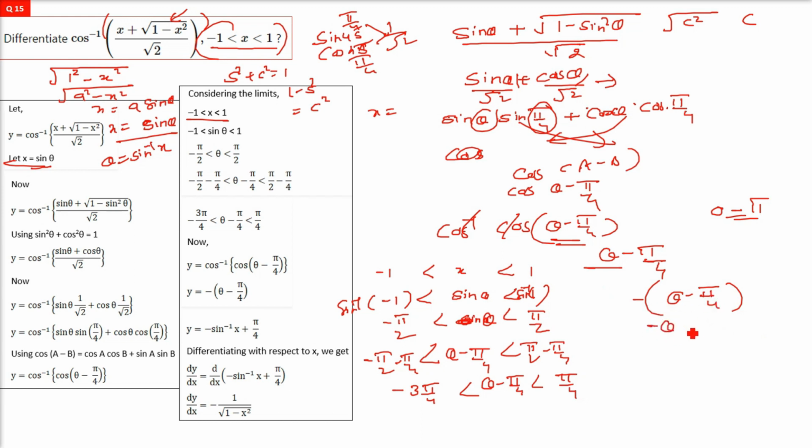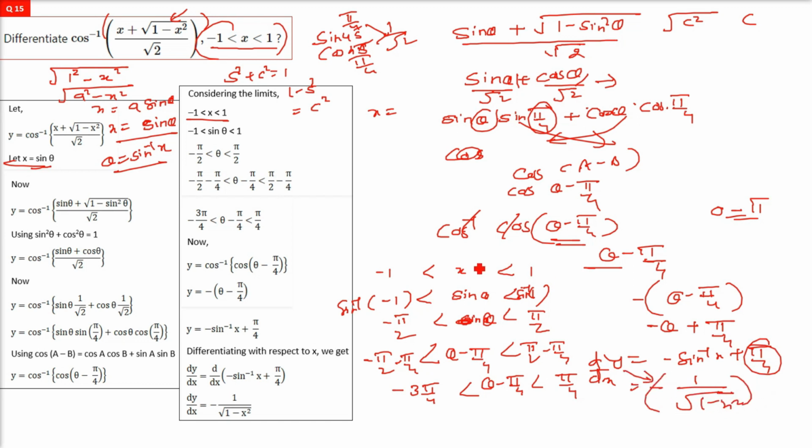No, it will be negative of theta minus pi by 4. So minus theta plus pi by 4. Theta is of course your sine inverse x, plus pi by 4. So dy by dx is minus the derivative of sine inverse x, which is 1 by under root 1 minus x square. Differentiation of pi by 4 is going to be 0. So this is how negative of 1 by under root 1 minus x square will come after taking care of all the limits and all the boundaries which are provided in this question.